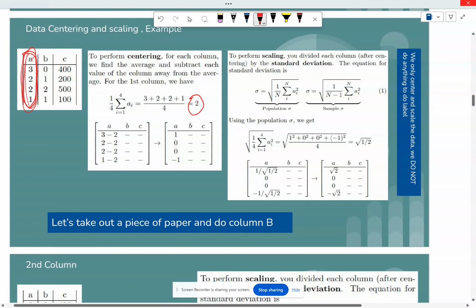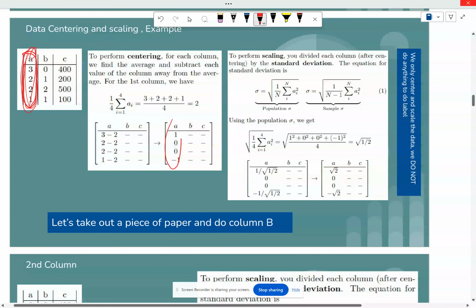We average all these, and then we subtract 2 from all the values here. That is called centering. So you move all the data near 0. So that's what's happening. Okay? Once you have performed centering, you then divide all the numbers by the standard deviation.